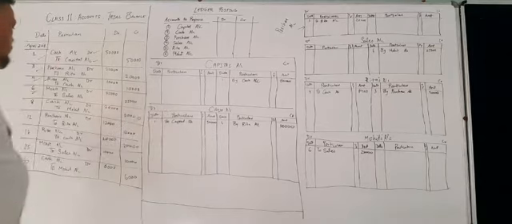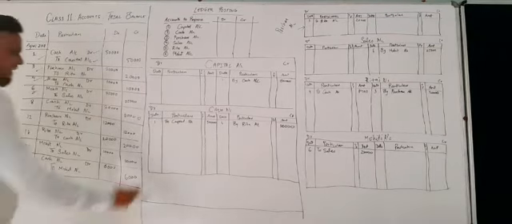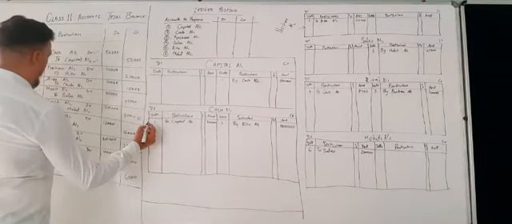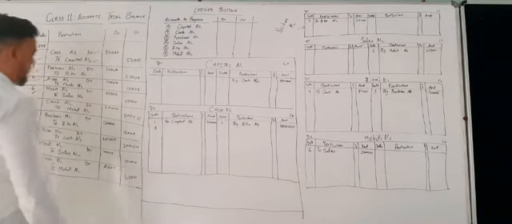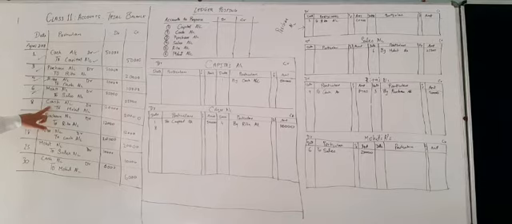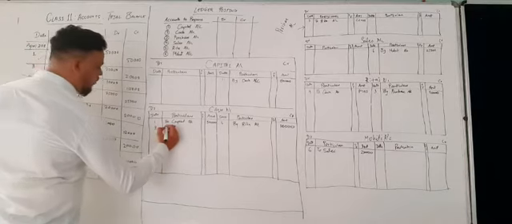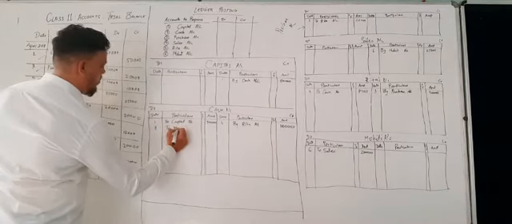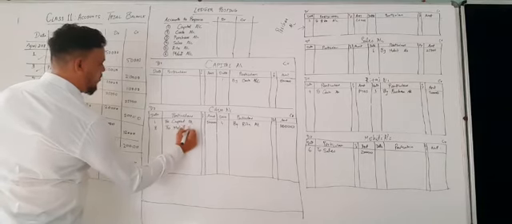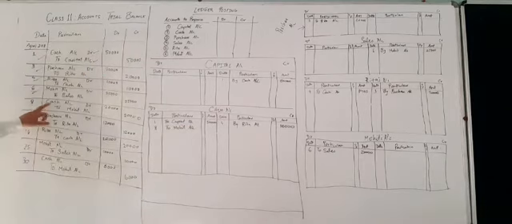Here again we have to do the entry. On the cash debit side, you have received the cash. Cash account debit to Mohit, cash has been received from Mohit. So here you have to write "to Mohit account."